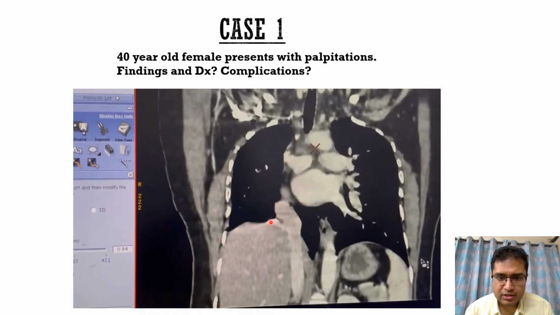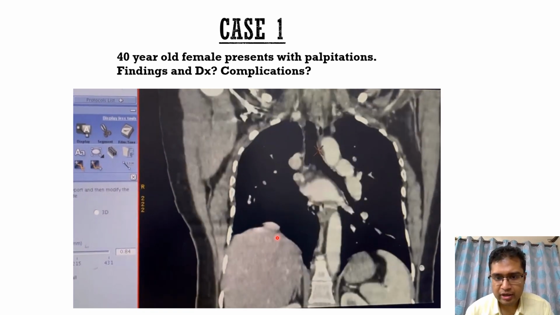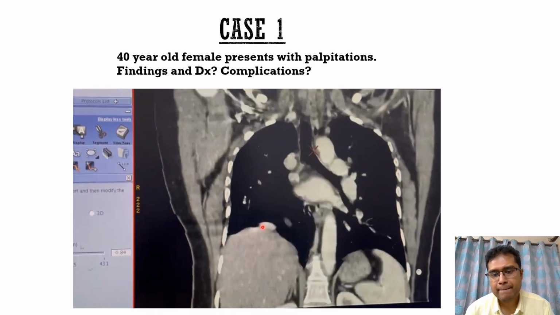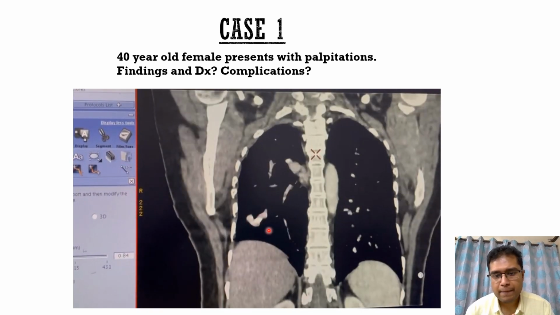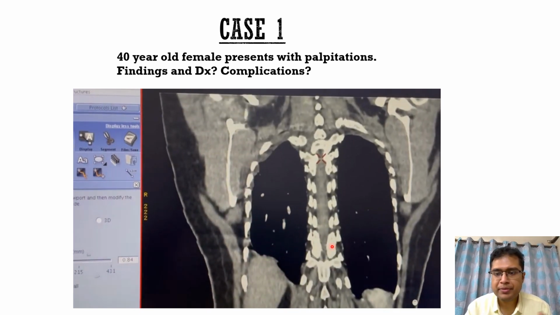Again, if we trace this tortuous vessel, we can see that it is draining into the IVC. There is mild volume loss of the right lower lobe along with some mediastinal shift to the right and dextroposition of the heart.